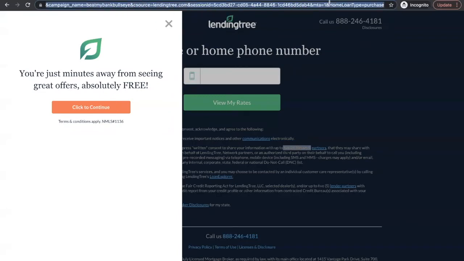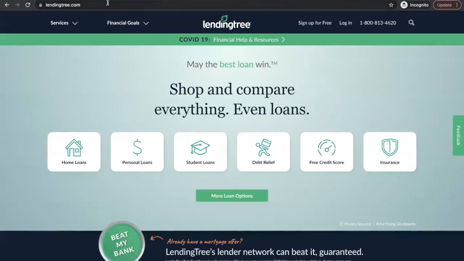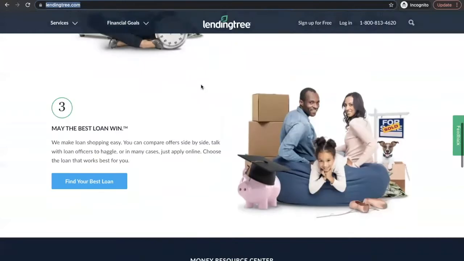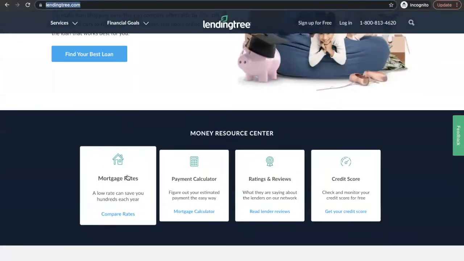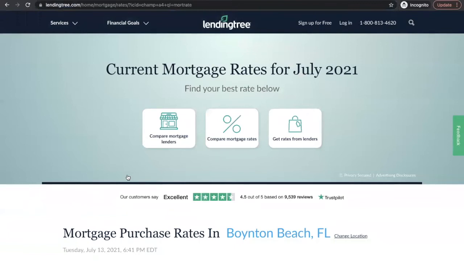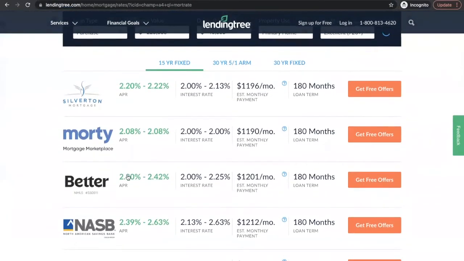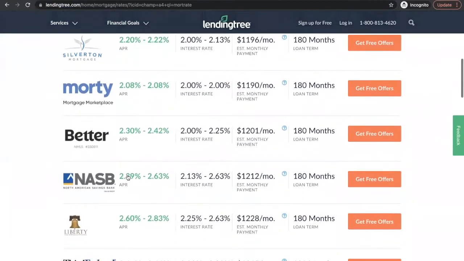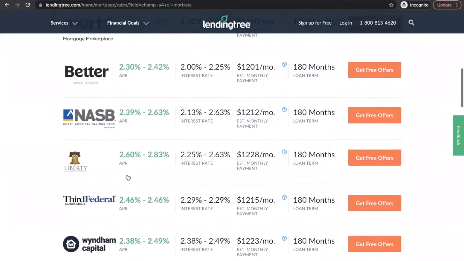So we're going to show you what that looks like. One of the ways you would get there is through the homepage. They have a section called mortgage rates, which takes you to their rate comparison table. They have a group of sponsored lenders, and you're able to participate here as a sponsored lender on the rate table.